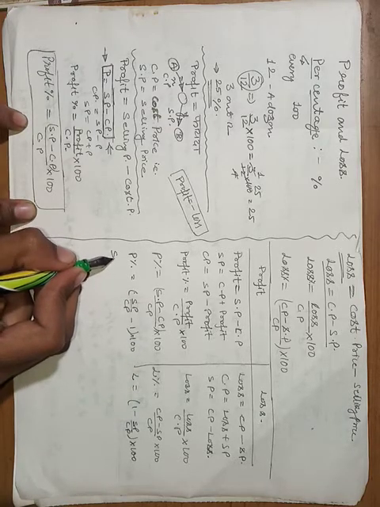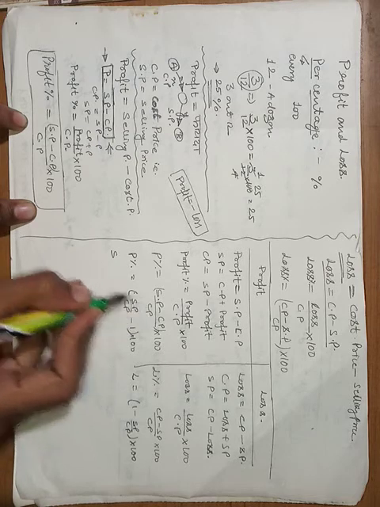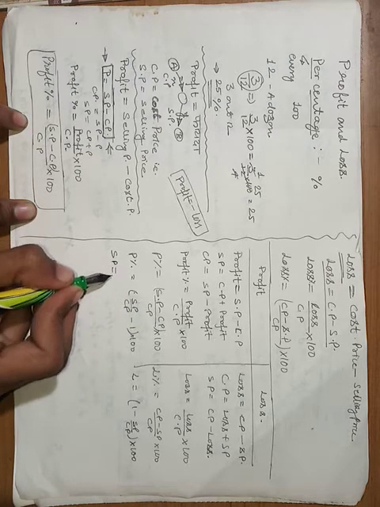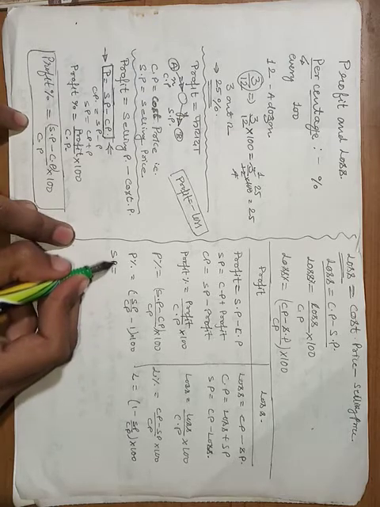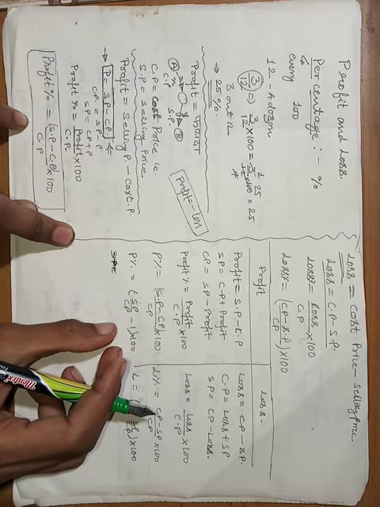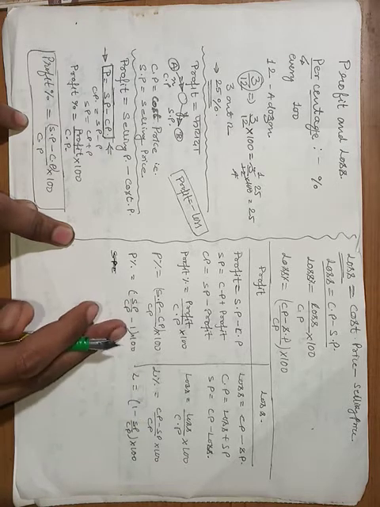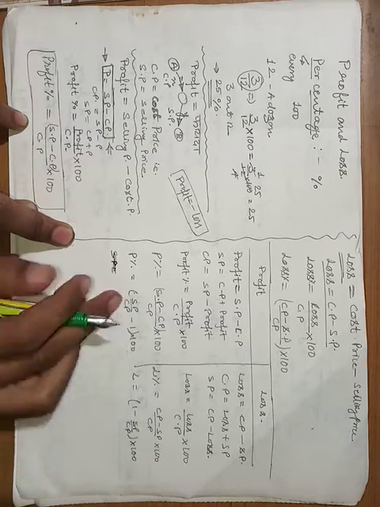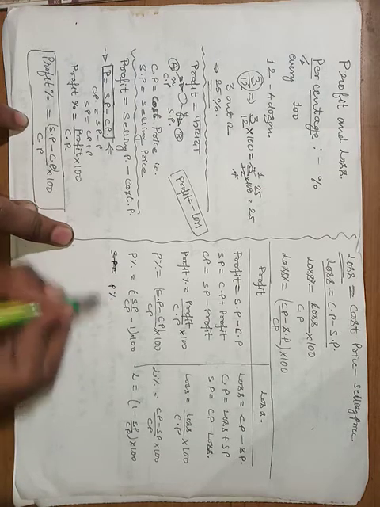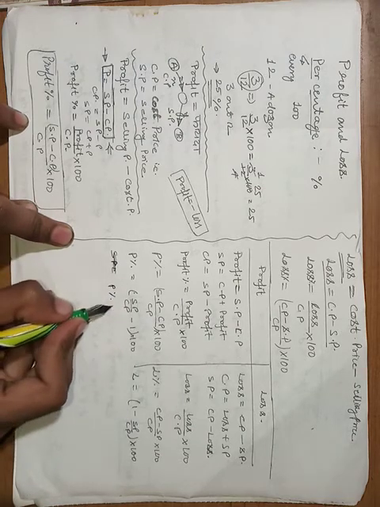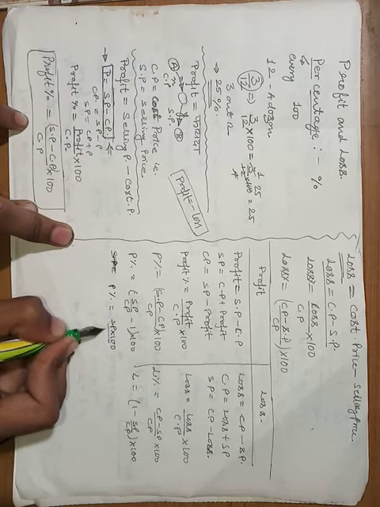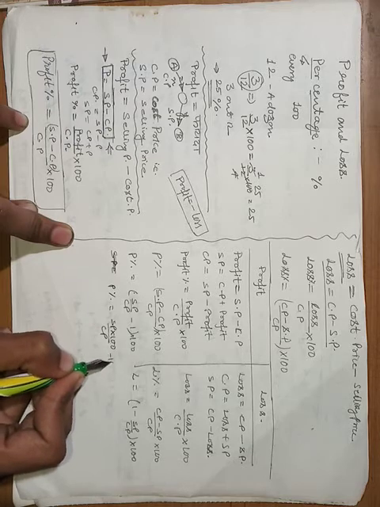If you want to find SP, see, if you multiply it here, it will be P percentage is SP into 100 upon CP minus 100.